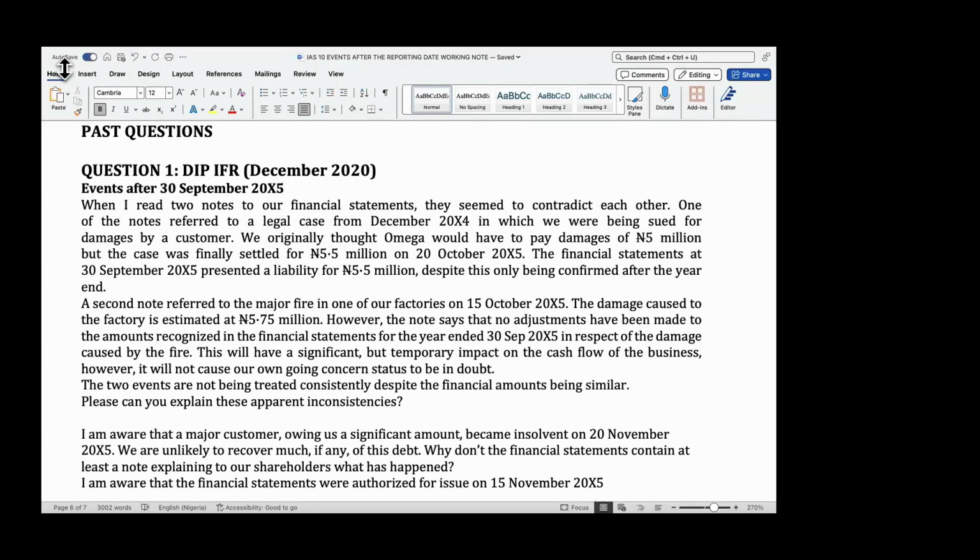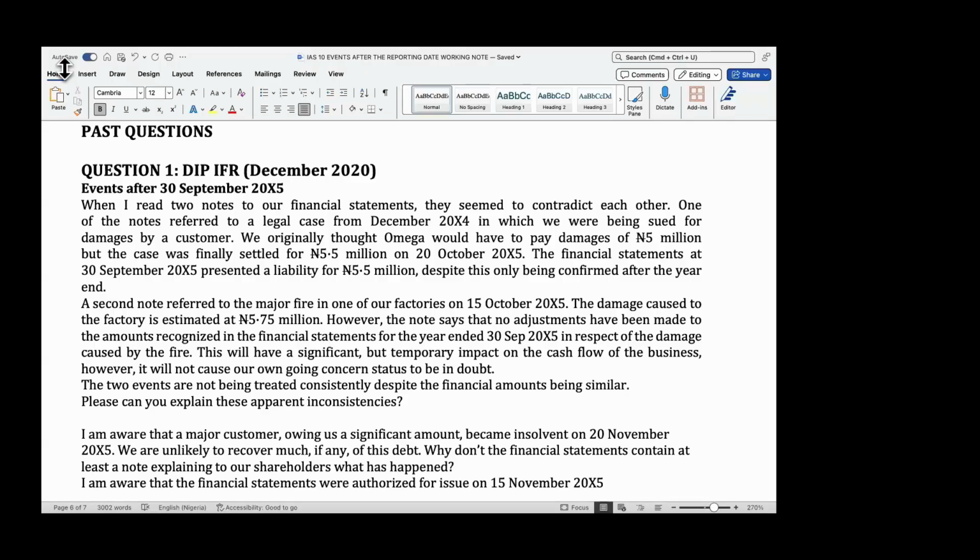The damage caused to the factory is estimated at 5.75 million naira. However, the note says that no adjustments have been made to the amount recognized in the financial statement for the year ended 30th September 2005.